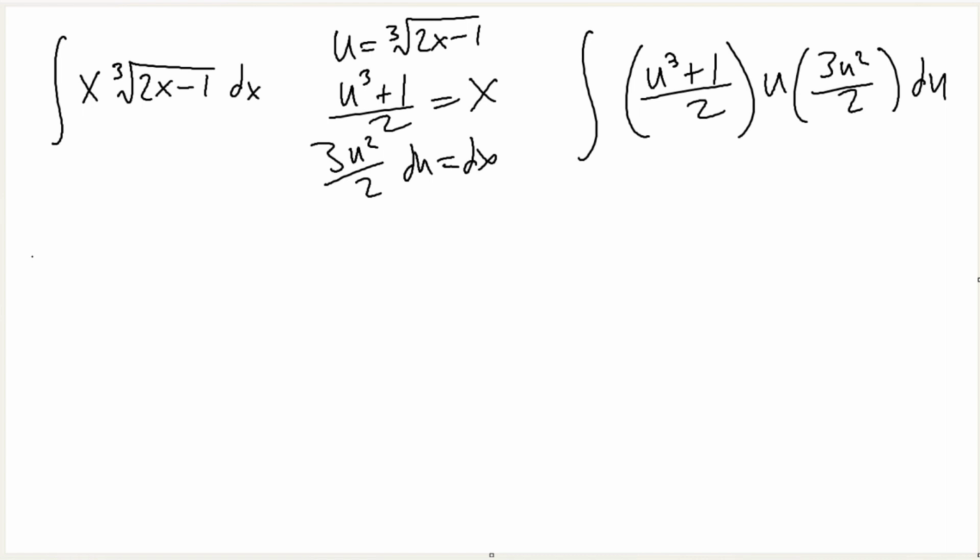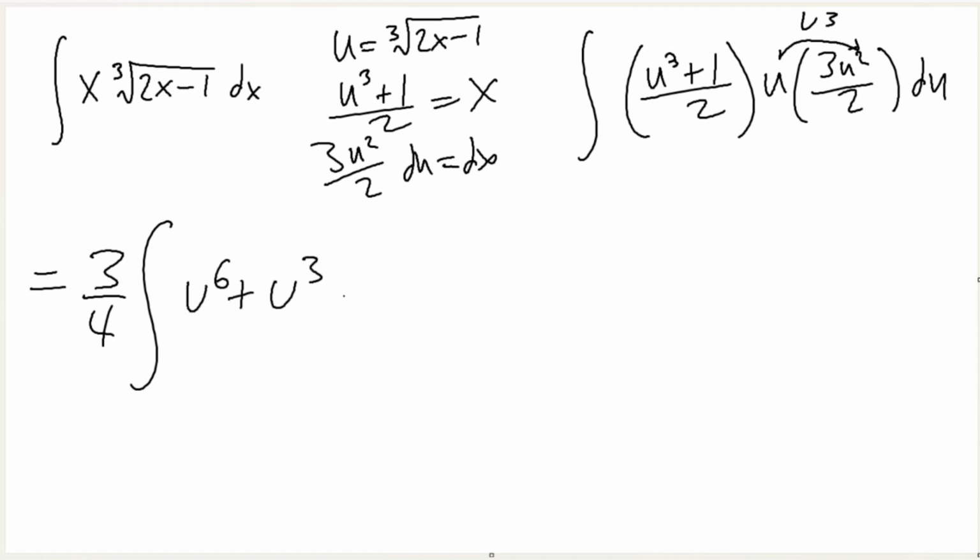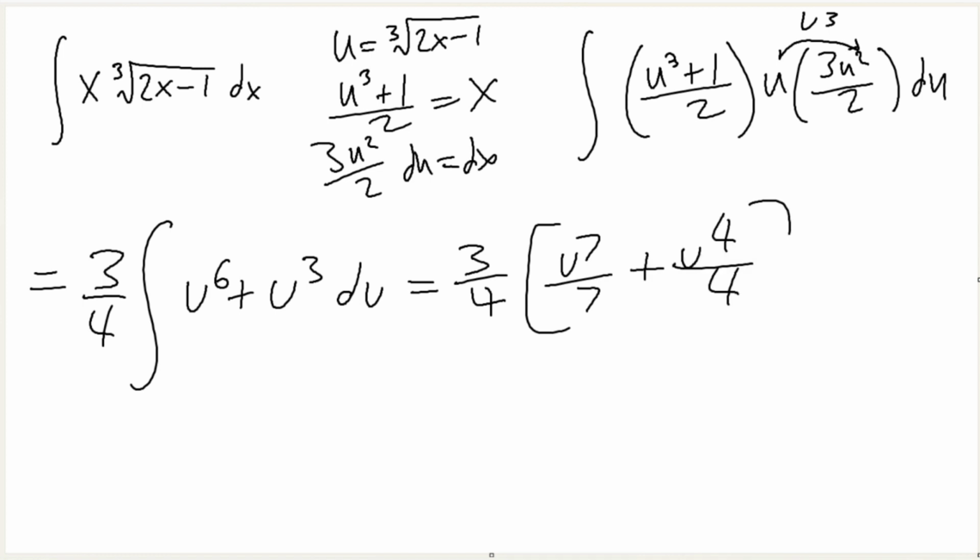I'm fine with this. This is okay. So now we have 3/4. This is better than fractional exponents. So this and this makes u cubed. So we technically get u to the 6 plus u cubed du. This is easy. u to the 7 over 7 plus u to the 4 over 4.